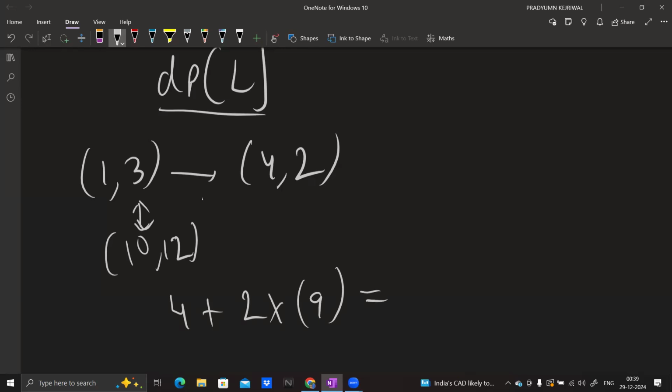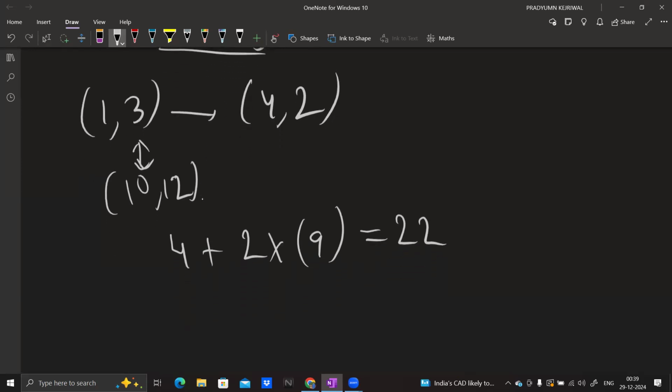So the answer for this would be 22. And if we want the number of elements as well, the number of elements would be the same, right? It would be just 2.